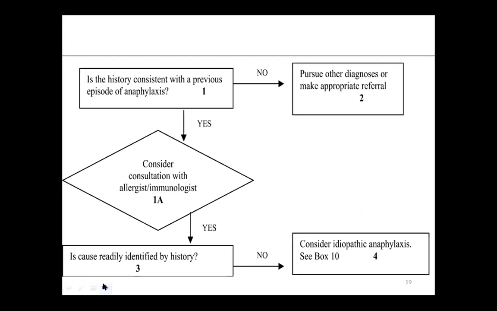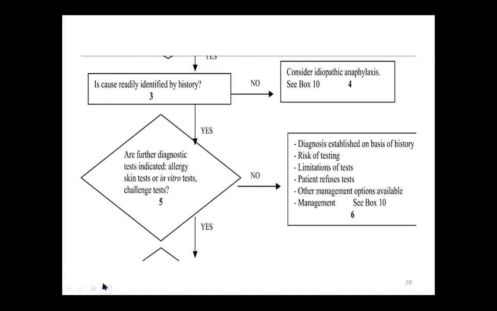So this is the summary. Is the history consistent with previous episodes of anaphylaxis? If yes, then we can consider contacting the allergist or immunologist. Then we have to find out whether the cause is readily identified by history. I already mentioned the important features of history.